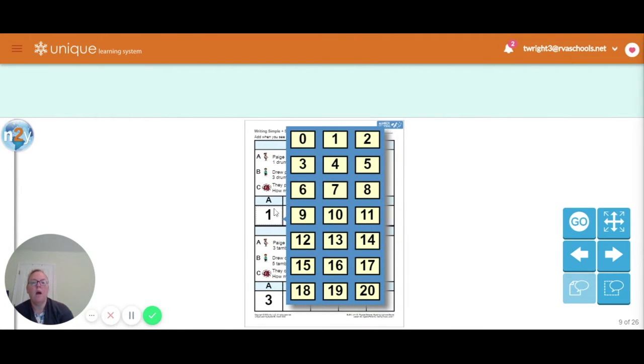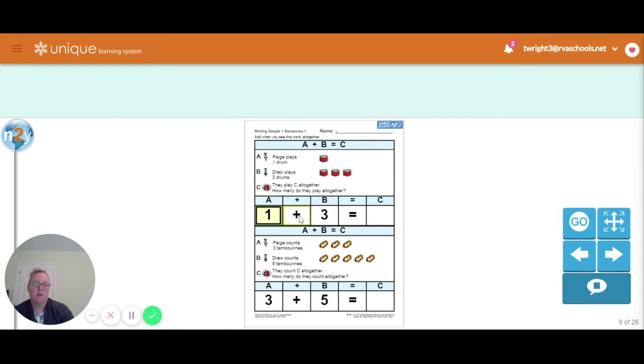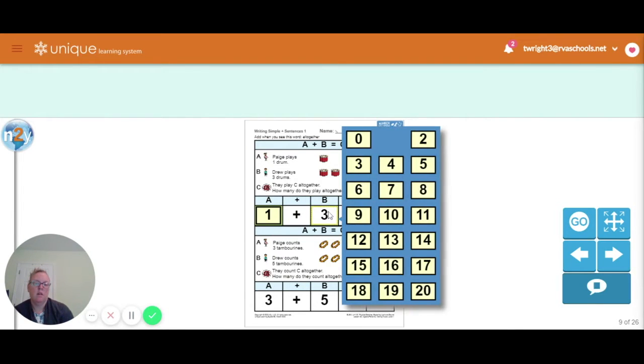Who can find the 1? Point to the 1. That's pointing to the 1 and getting it. So 1 plus 3. Find the 3. Point to it. That's the 3.